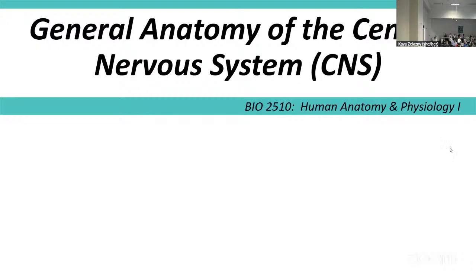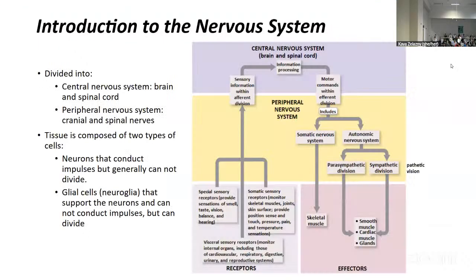Our final topic is going to be some general anatomy related to our central nervous system, or our CNS. Okay. So in the future, we're going to see lots and lots about different branches of the nervous system and different ways of breaking it down.